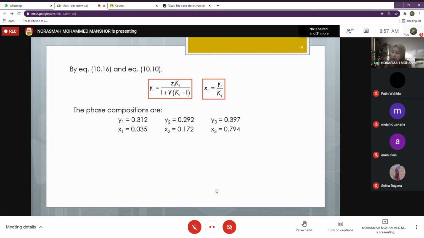Okay, ada soalan nak tanya? Ada madam. Dekat tadi temperature berapa dekat yang example tu? 10 degree C. Kenapa kita ambil 10 degree C? Sebab ini adalah from example 10.4 soalan dia.